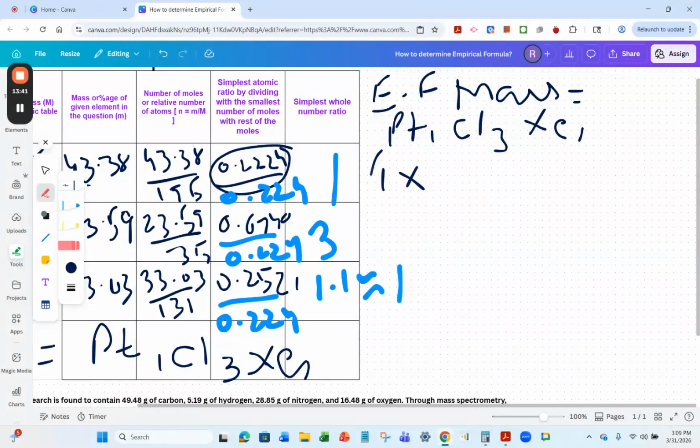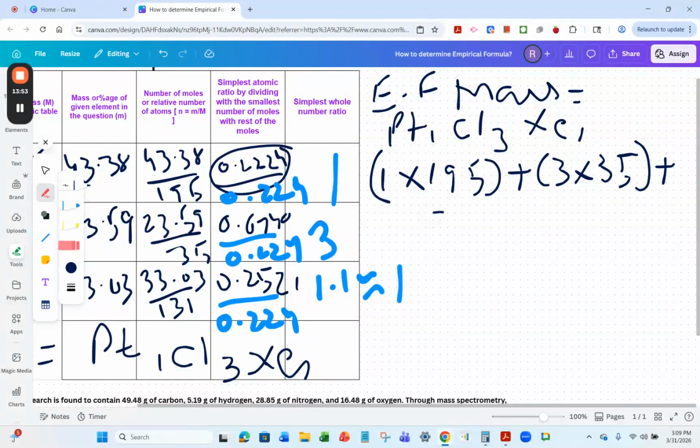So 1 times platinum atomic mass is 195, plus 3 times chlorine atomic mass 35, plus xenon, 1 times 131. So the total empirical formula mass is equal to 431.